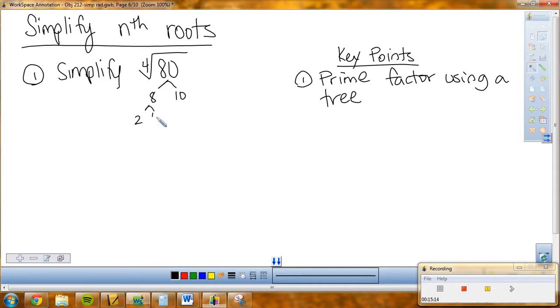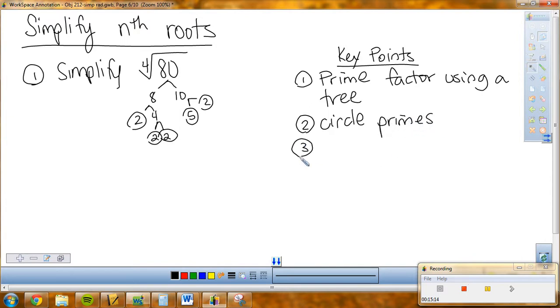This is 2 times 4. 2 is prime. 4 is 2 times 2. And 10 is 5 and 2. So all of my prime factors. Step 2, just like it was before, was circle your primes.